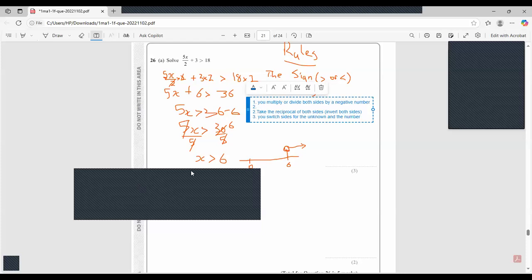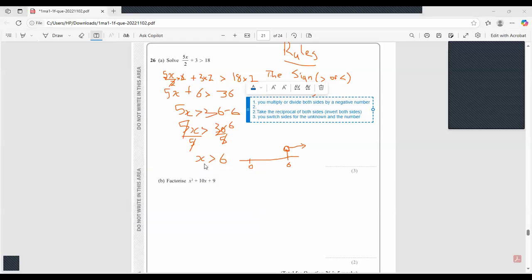So what that last one means is that, for instance, if we wanted to put 6 on the left-hand side and x on the right-hand side, this sign cannot remain the same. You have to reverse it.